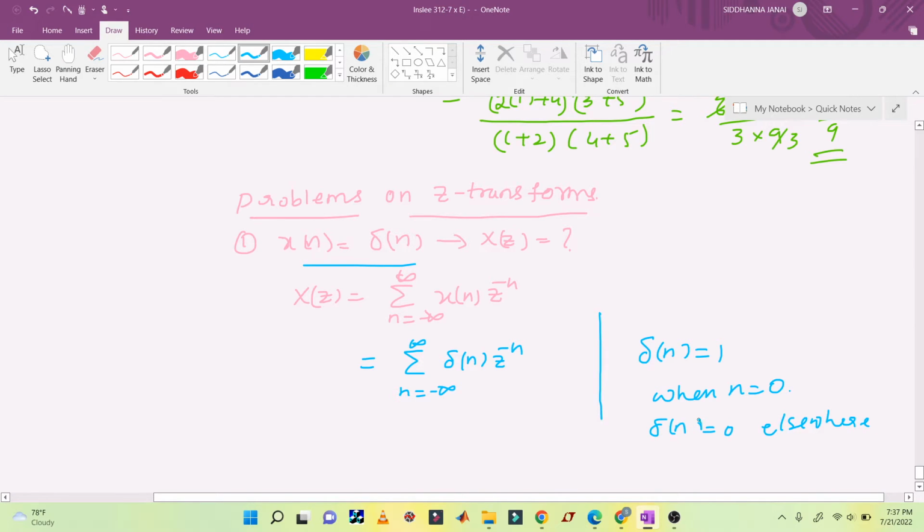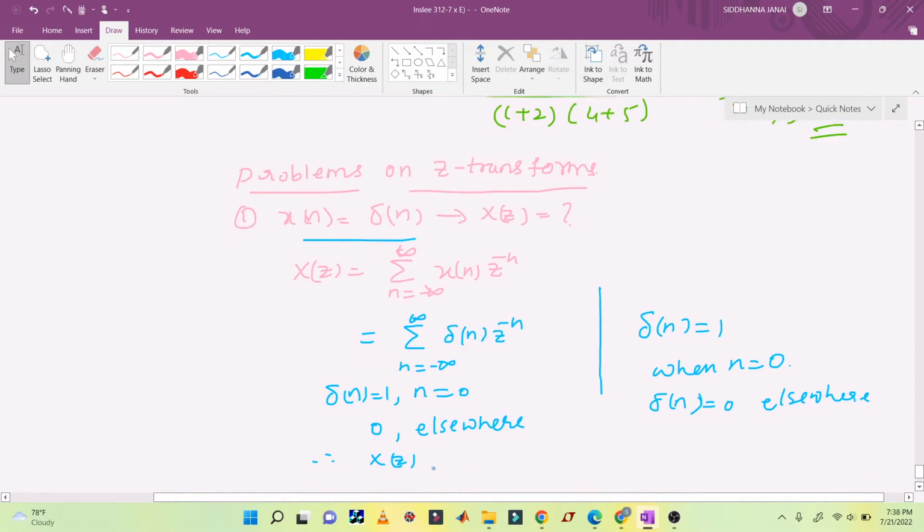Correct? So directly we can say n is equal to 0. Delta of n is equal to 1 for n is equal to 0 and 0 elsewhere.